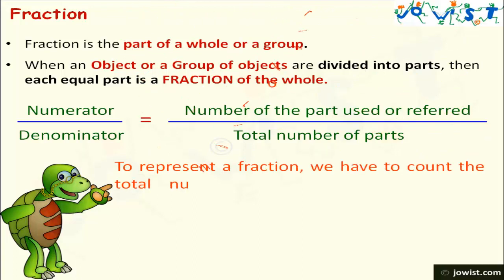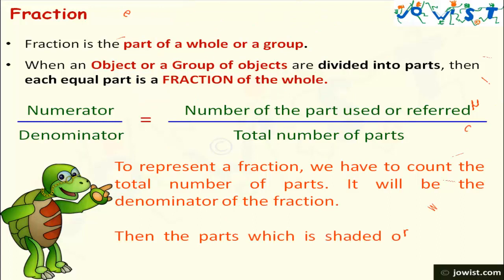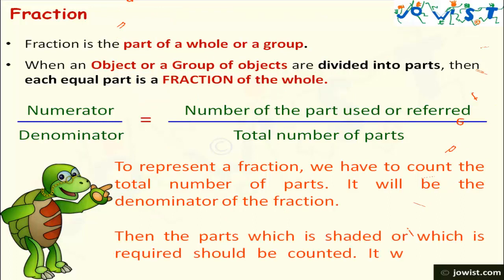To represent a fraction, we have to count the total number of parts. It will be the denominator of the fraction. Then the parts which are shaded or which are required should be counted. It will be the numerator.